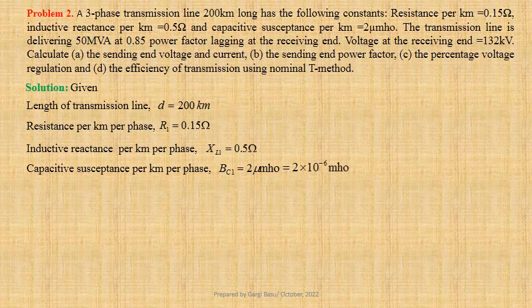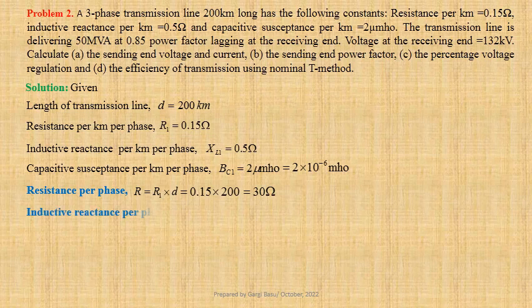Now we shall calculate resistance per phase R equals R1 into D. Using values we get 0.15 into 200, that is equal to 30 ohm.